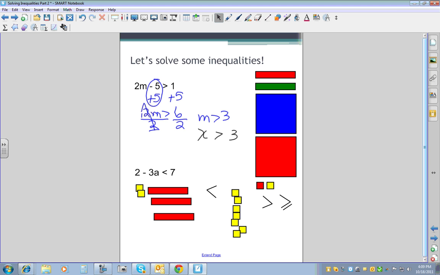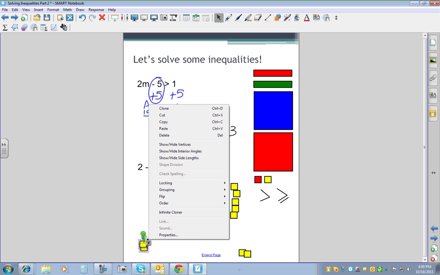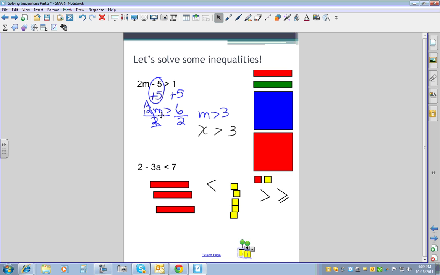Okay? Now, in this inequality, if we wanted to solve it, we would say, well, I can just take 2 from this side and take 2 from this side, and it would be balanced. And that's true. We can subtract the same thing from both sides, and it won't change our value. So that's the easy way of isolating our variables on one side.